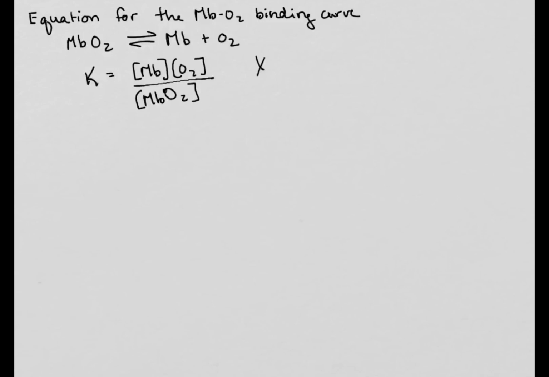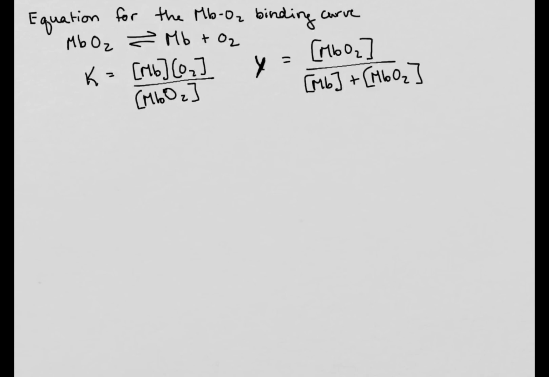Additionally, we had that trusty equation for fractional saturation of myoglobin. We had expressed it as the concentration of oxy-myoglobin divided by the total concentration of myoglobin, so deoxy plus oxy.